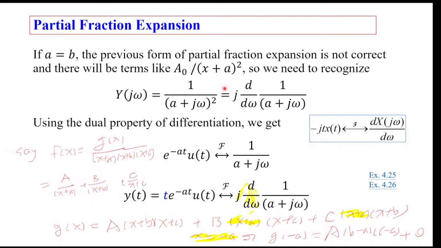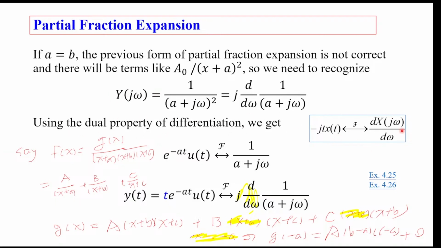Let's see. Should be correct. Minus sign, and anyway, it should be correct here. So big Y is j times d d omega of 1 over a plus j omega. Now we can use the dual of differentiation.